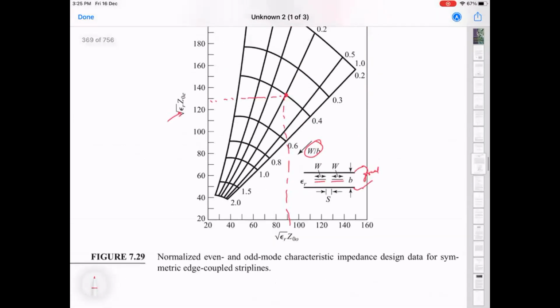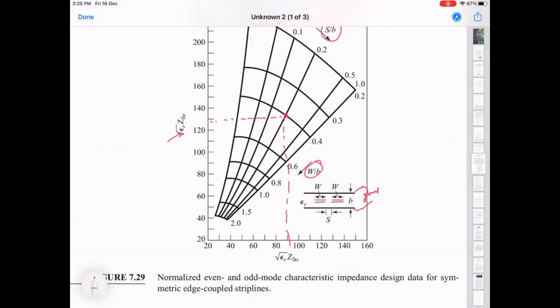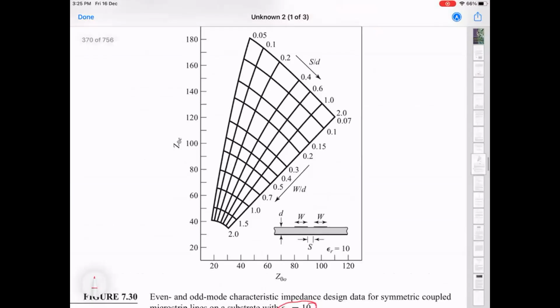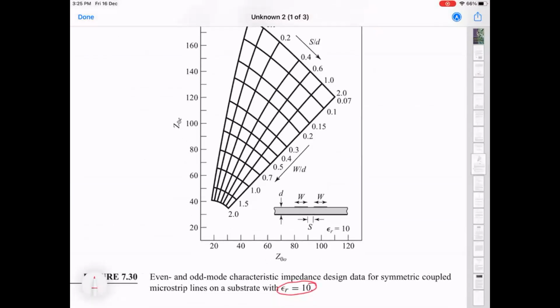So let me say that again. Remember, there is this ER here, which means this table works for any strip line with any dielectric constant, whereas this table works only for a dielectric constant of epsilon equal to 10. For every dielectric constant, you will have to recompute this for the microstrip.